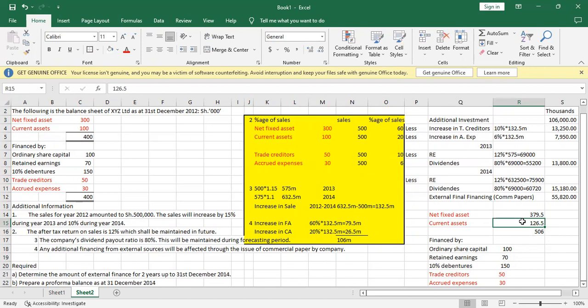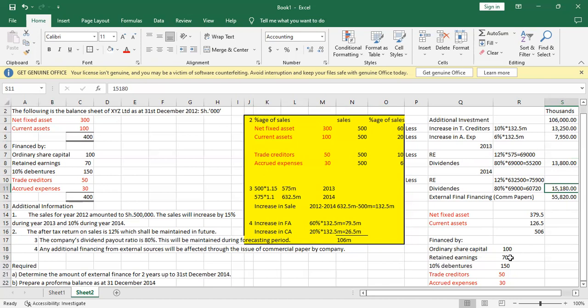I go on. Then ordinary shares are not changing, so they are remaining at 100. Then retained earnings are changing because we have worked on the increase of 12%, so the year changes are here. So I'm talking of 70 million plus 13.8 plus 15,180.